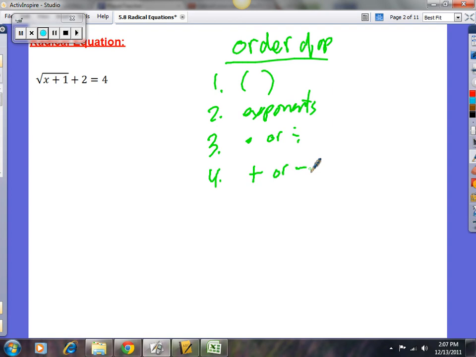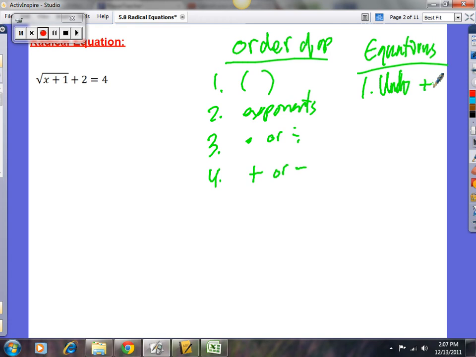Okay, now equations. Let's write equations. E-Q-U-A-T-I-O-N-S. You're going to undo everything you did. This is to solve an equation. So step number 1, you are going to write undo. What's your very first move? What are you going to undo?